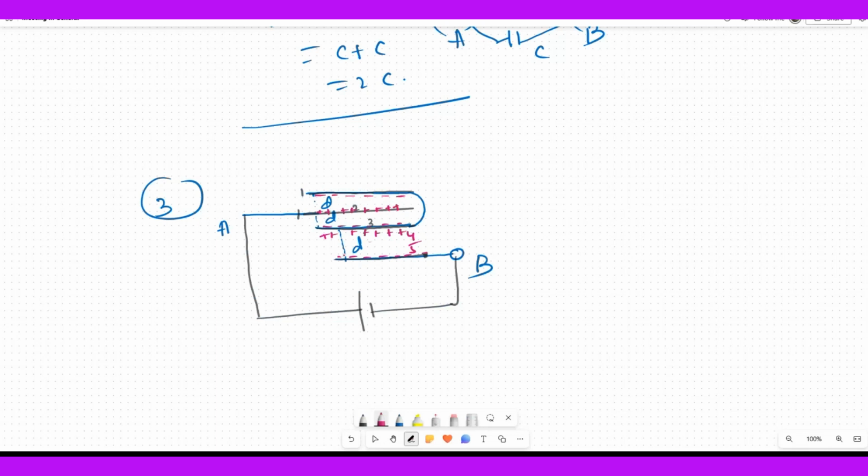Now, to find the equivalent capacitance between 2 points A and B, you first name all these things. This point you name as the point C. So between the points A and C, there will be a capacitor. Between the points A and C, there will be another capacitor, but they will be in parallel combination.